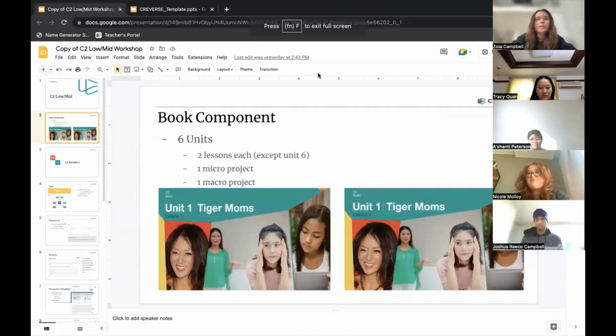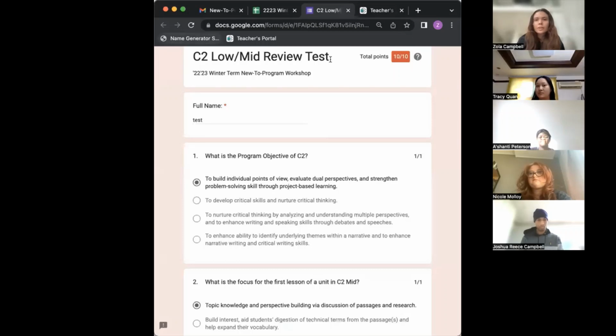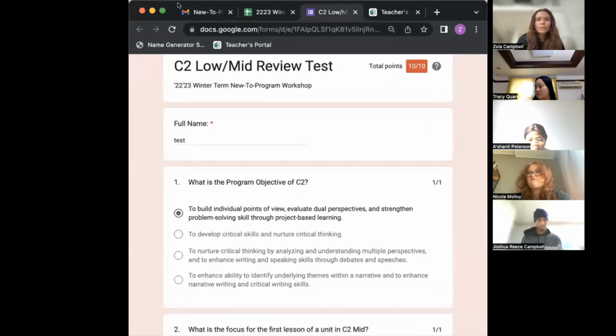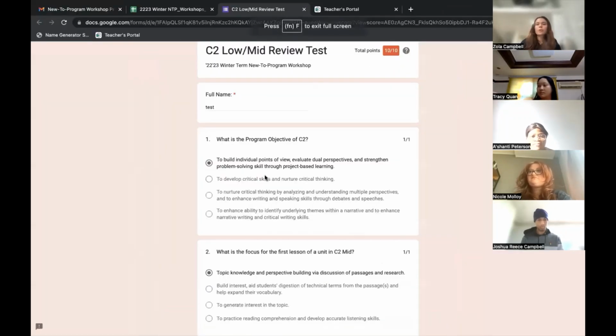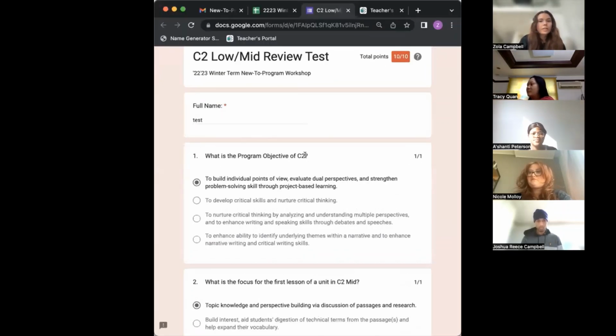So I'm gonna also walk you guys through the test that you have to take after this. So if you want to write down the answers, that would be helpful to you. So what is the program objective of C2?